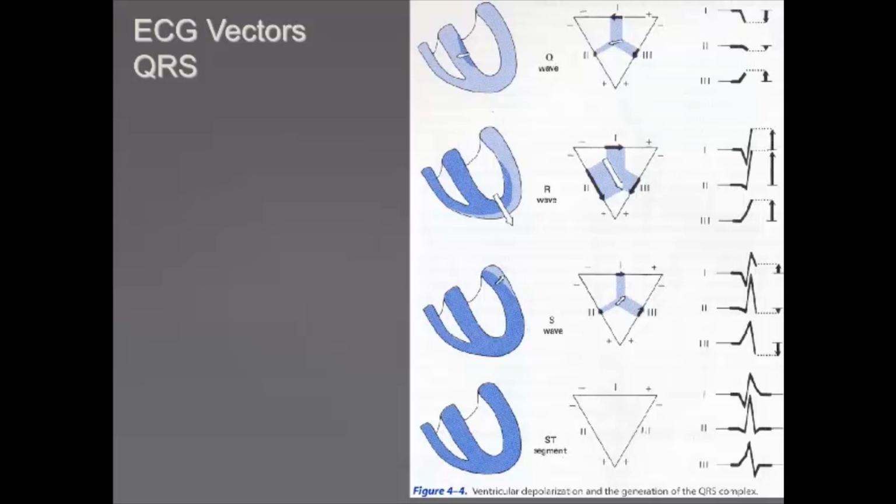And in this case, we get a slight downwards deflection. So we're going down to baseline, and then we're going a little bit past that in lead 2. Finally, in the ST segment, we have the entire ventricles depolarized, and we get a baseline flat area there. And that is the end of the QRS complex.